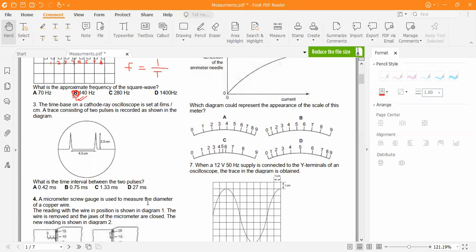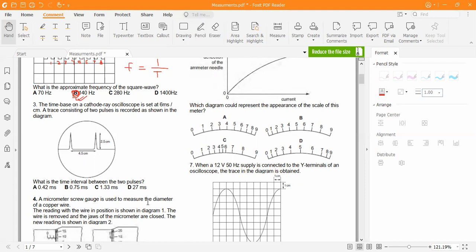So we need to find t, and to find t, it will be 1/f. Sorry, I did not hear you in the middle of the sentence. Can you repeat? Over here we need to find the time interval. So to find time interval, we can do 1/f. Now, first thing, how will you find the frequency if you are going with that method?